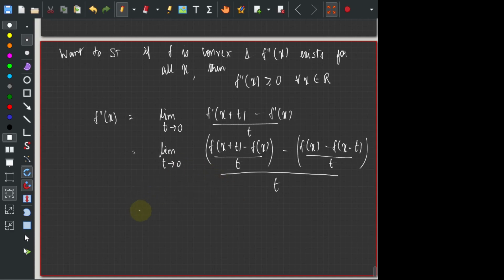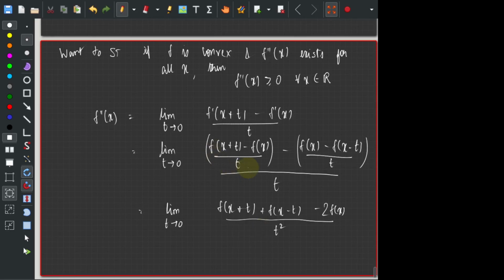So let's just simplify this. This is just the limit as t tends to 0 of f of x plus t, minus 2 times f of x, plus f of x minus t, whole divided by t squared.